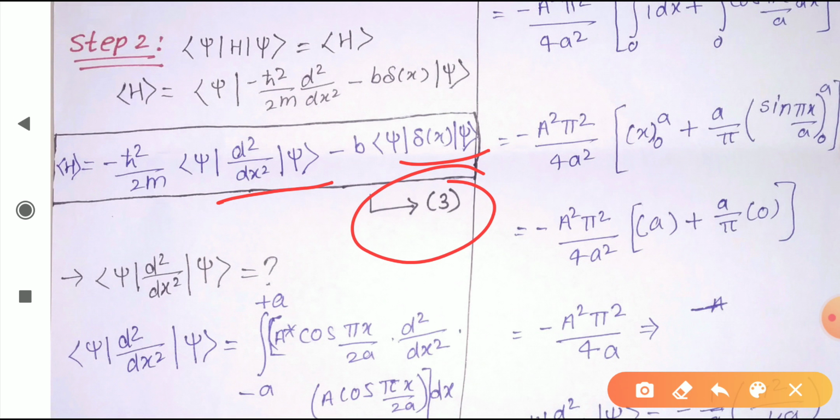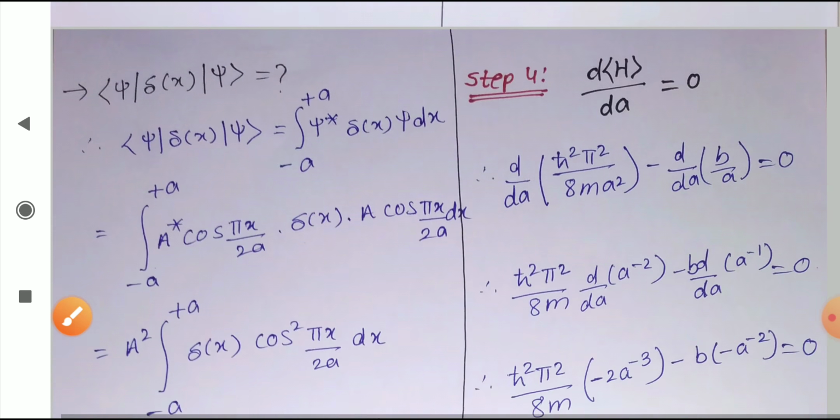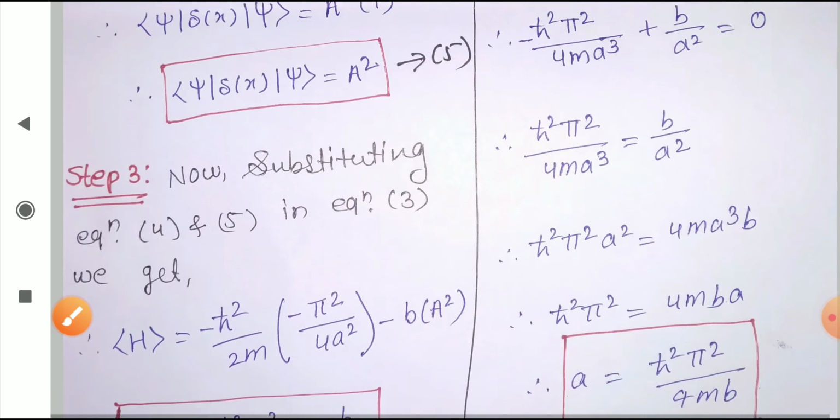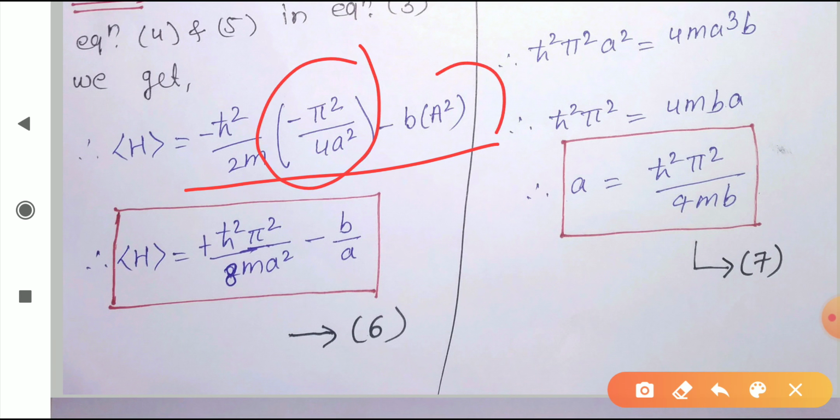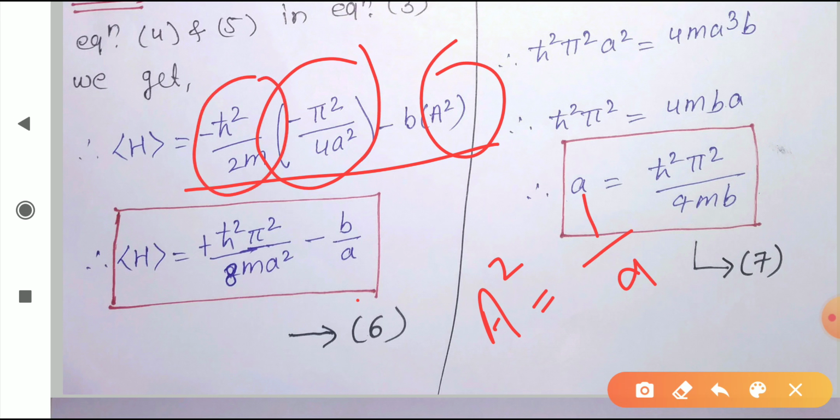So after substituting, we are getting this answer. First term value we have substituted here, and the second term we have substituted here. The a square value that we have got there is a by b. Clear? So here we have b, so we will get b by a. And here h cross upon 2m we will write as it is.